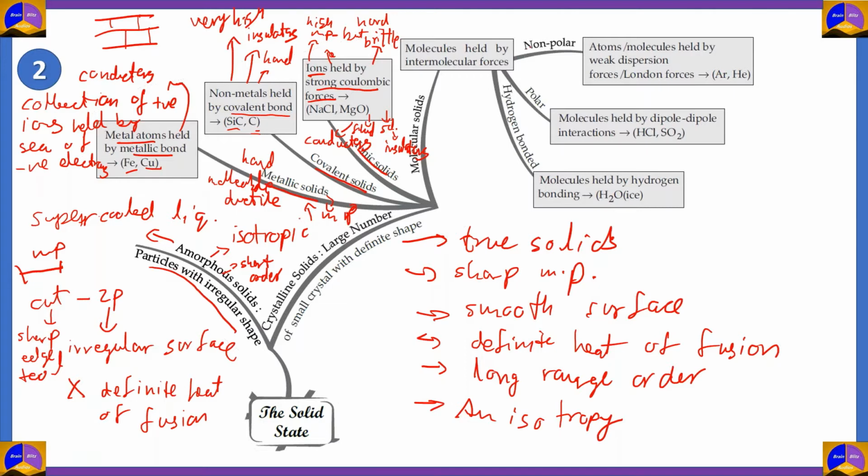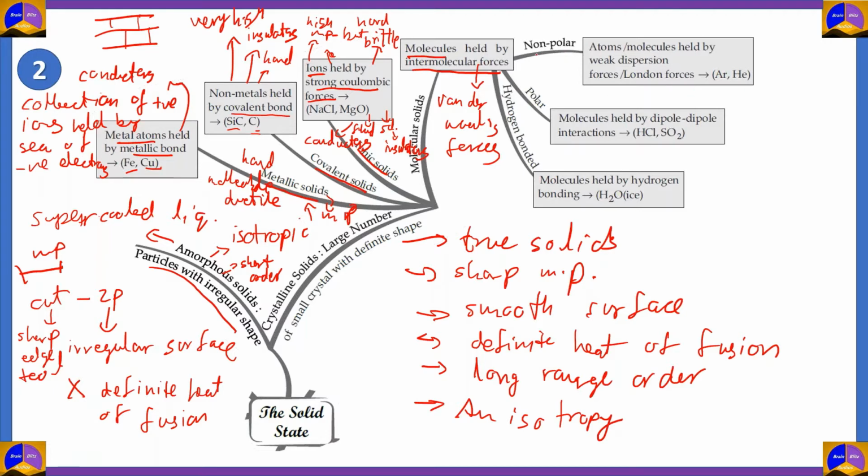And finally, we look at molecular solids. Molecular solids are basically composed of molecules which are held by intermolecular forces, which are basically van der Waals forces. So therefore, molecular solids are actually quite soft. These molecular solids are further divided into three.